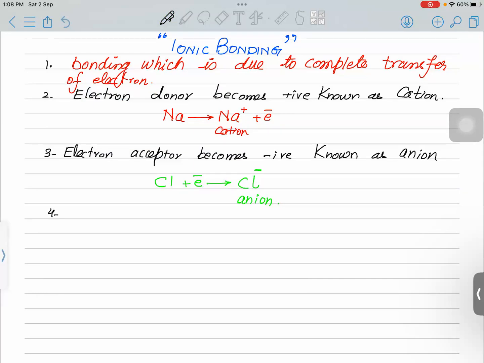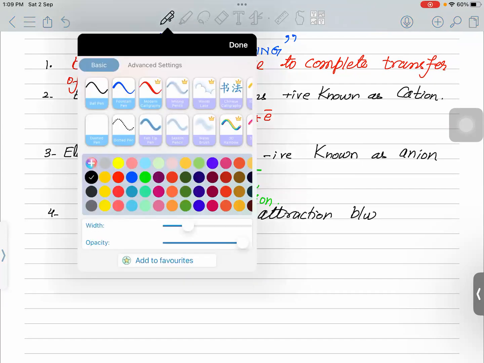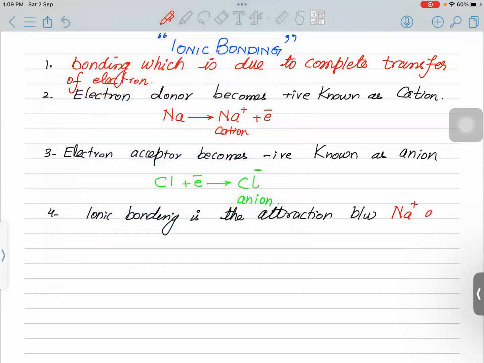So point number 4: ionic bonding is the attraction between sodium positive and Cl negative. Or you can say between cation and anion.